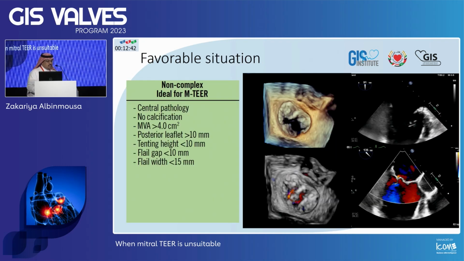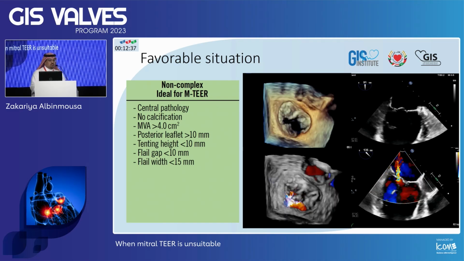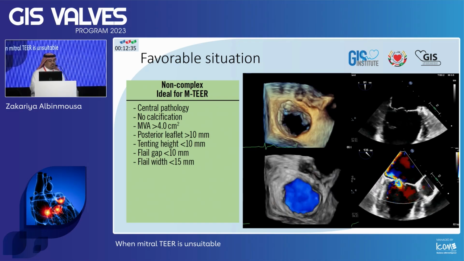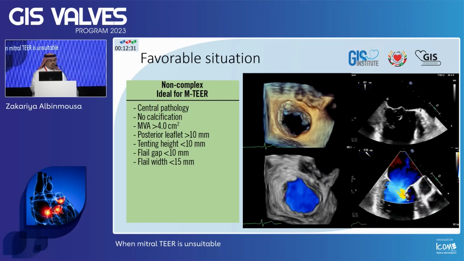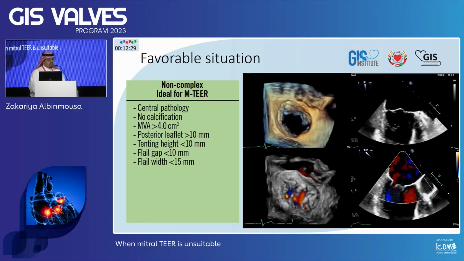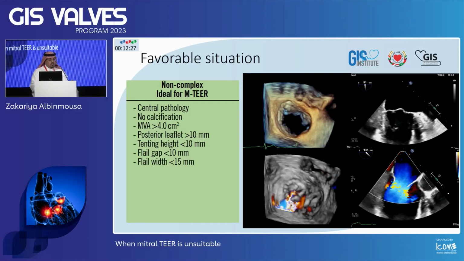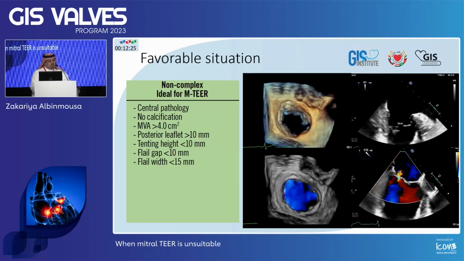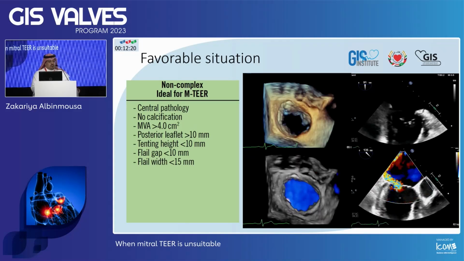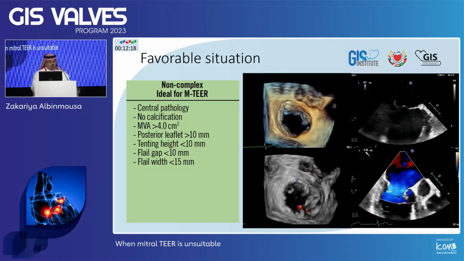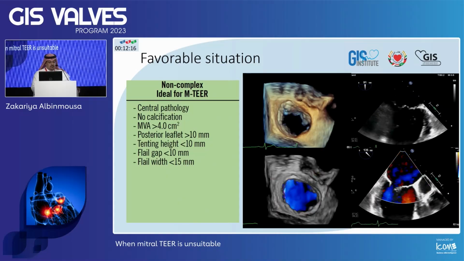Now, as I said, everybody would like to have cases with favorable anatomy, where there is a central pathology with no calcification, a large mitral valve area with a good size posterior mitral valve leaflet, with the tenting height suitable, the flail gap is not that large, and the width of the gap is also not that large.